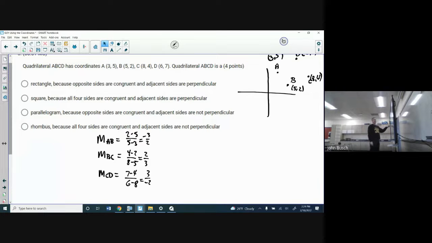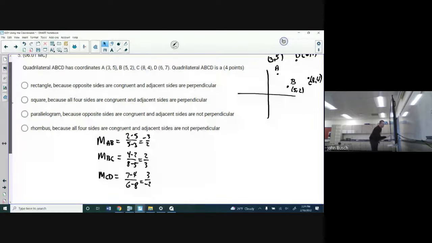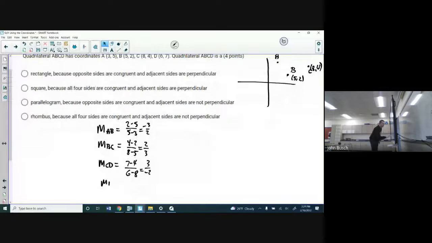And then the slope of AD. It's 7 minus 5 over 6 minus 3. So that is 7 minus 5 is 2. So that is parallel to the one that's opposite. So this is at least a rectangle. It could be a square.